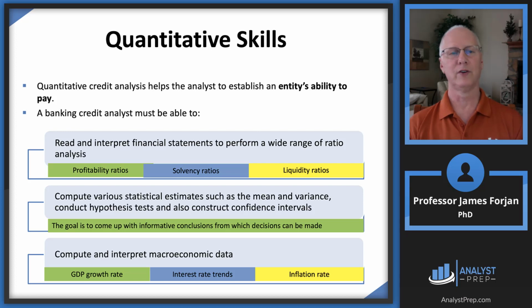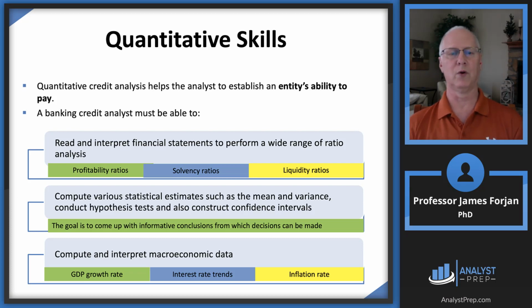And of course, the first step in arriving at those reasonable conclusions is to compute and interpret the ratios between and among the various accounts on the balance sheet and on the income statement. So notice the 3 that are listed there. Maybe these are the 3 most important. Let's start over in the yellow.